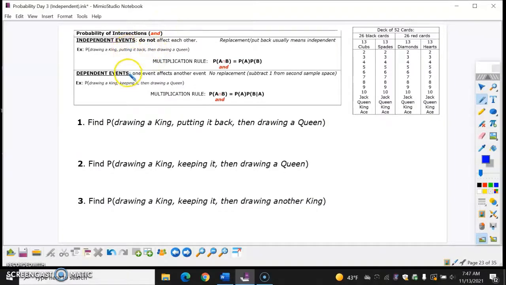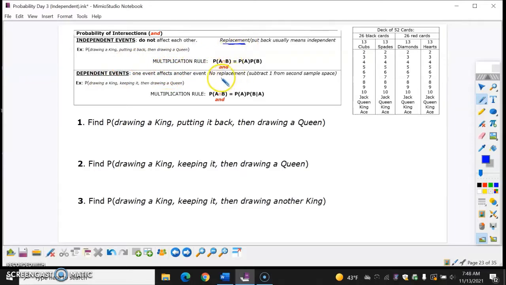So let's talk about, again, the difference between independent and dependent events. Independent events do not affect each other, because what you get in the first event does not affect what happens to the probability of the second event. But dependent events, whatever you get the first time affects the second event.